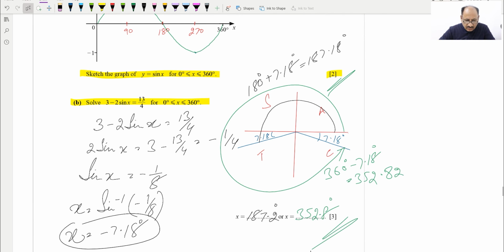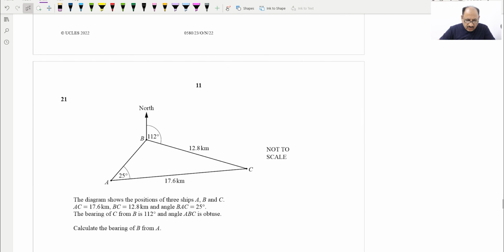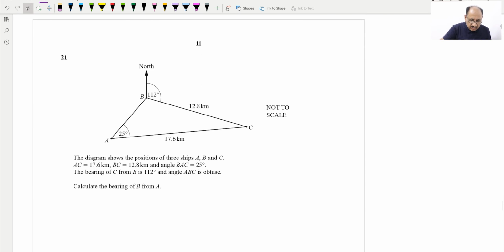Hopefully you understood this. Now this is bearing question 21. It says the diagram is not to scale. The diagram shows the positions of 3 ships A, B and C. AC is equal to this one, BC is equal to this, and angle BAC is 25.